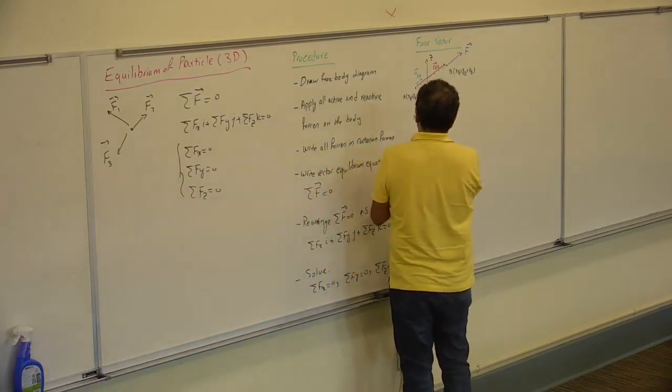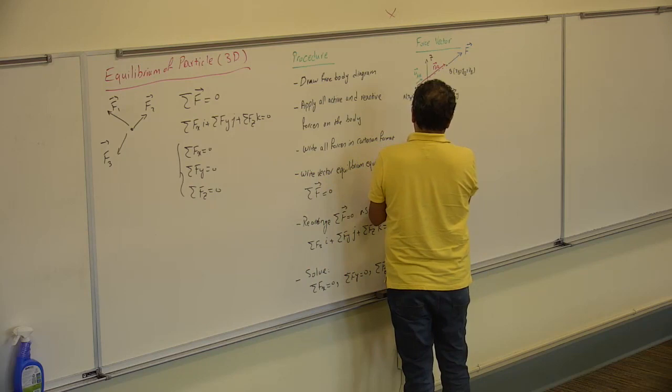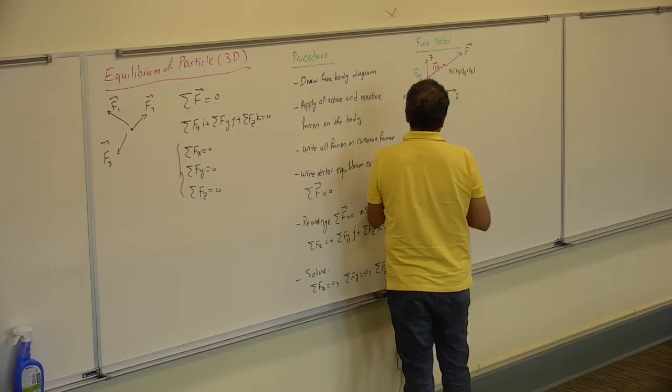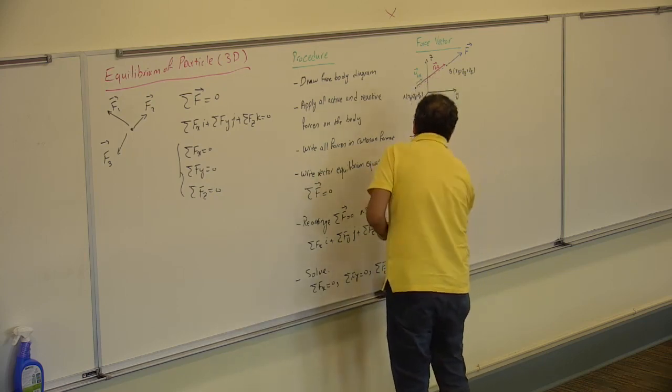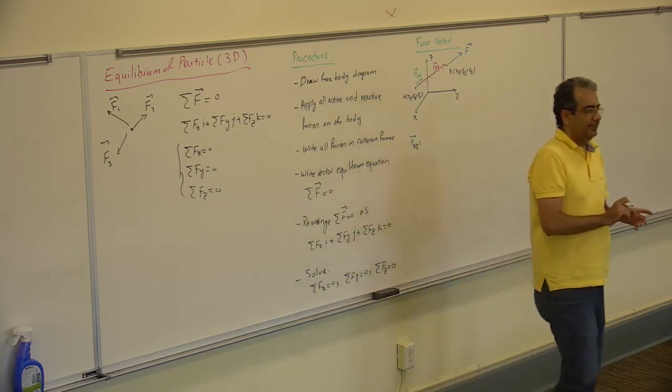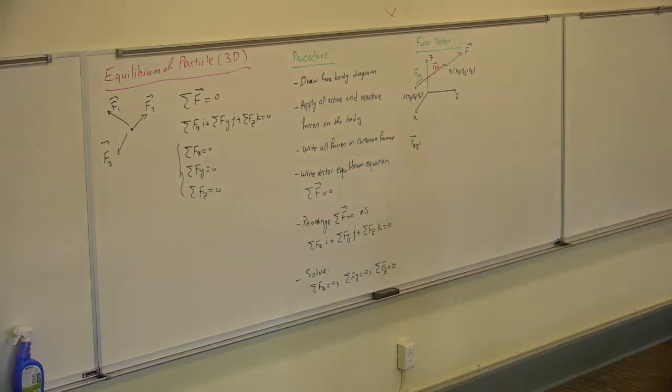So remember, what was the RAB? The position vector: second one minus first one.